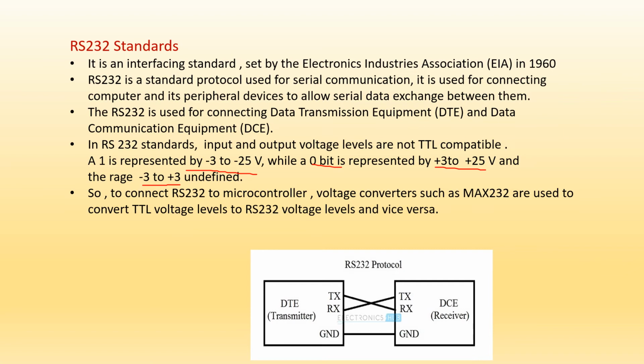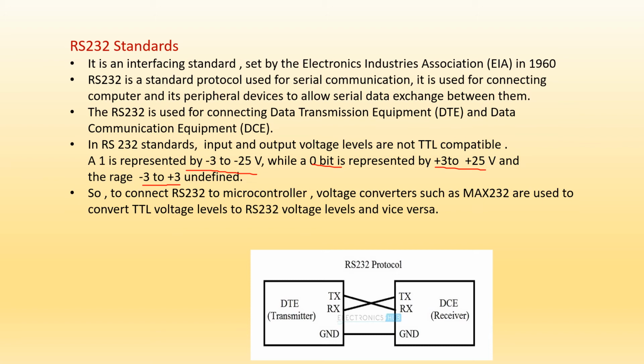So if I want to connect the computer to the microcontroller using an RS-232 cable, the RS-232 cable gives voltage levels for 0 between +3 and +25, and for 1 between -3 and -25.